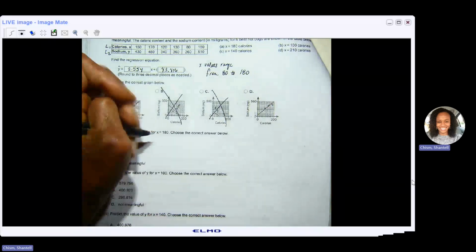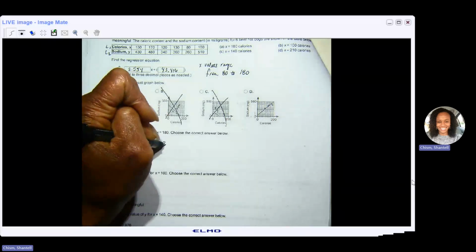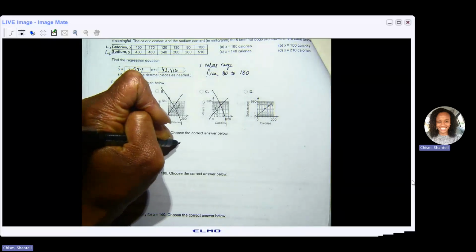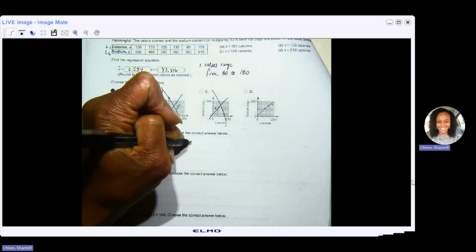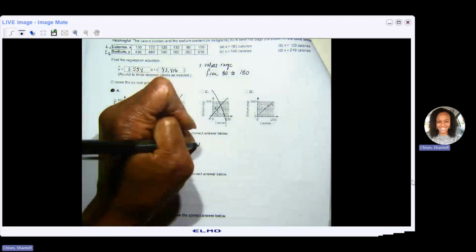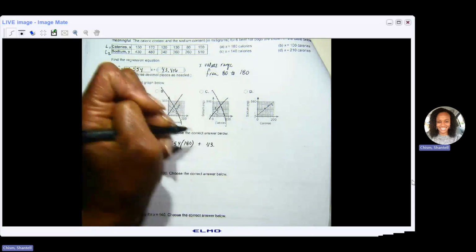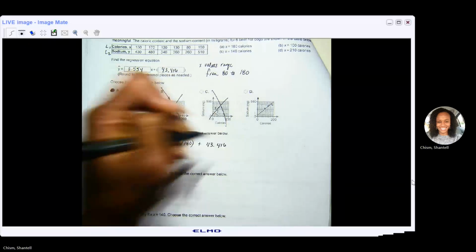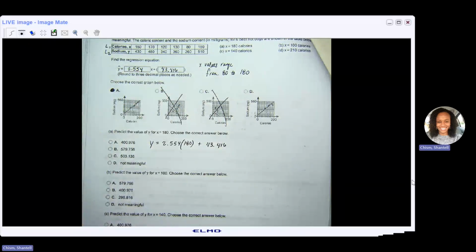So you would basically have y equals 2.554x, where x is 180, plus 43.416. So A ends up being C in this case when you plug that in.